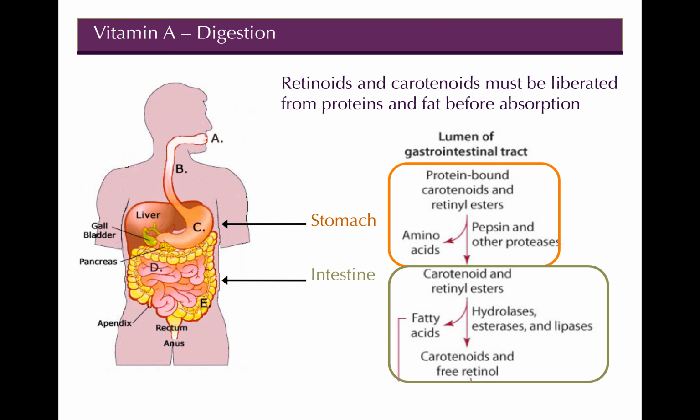That's done by peptidases, pepsin, other proteases, and lipases. So what you end up with is free carotenoids and free retinol. This is pretty important. Remember, in foods, the way that you consume vitamin A is as retinol palmitate. The second you cut off that palmitate, you end up with this form of vitamin A, free retinol.